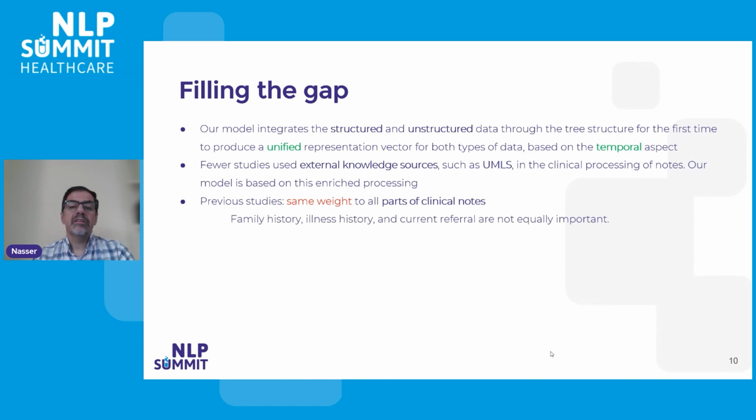In reality, different tasks and different reasoning about patient similarity will require assigning different weights to family history, illness history, or other sections of the EHR. So when computing the similarity, we assign different weights based on the task at hand.